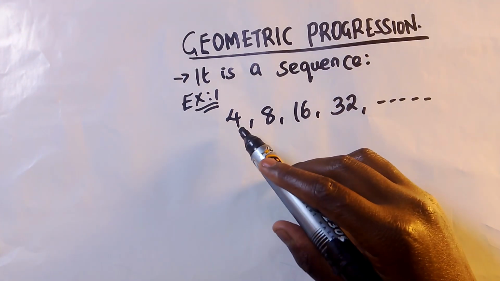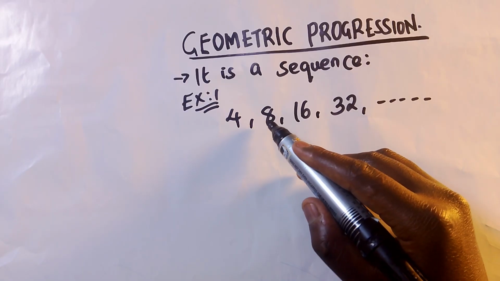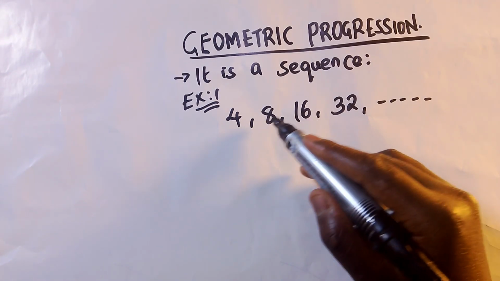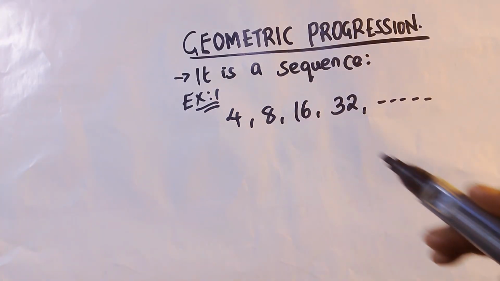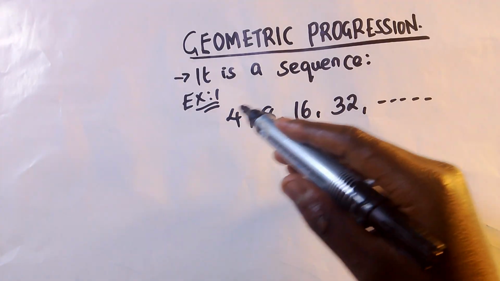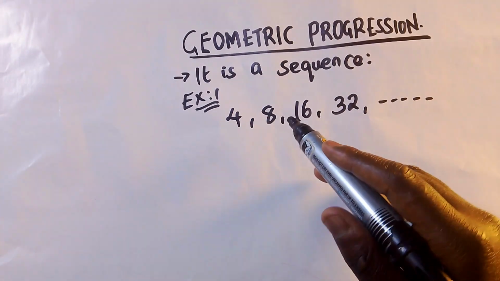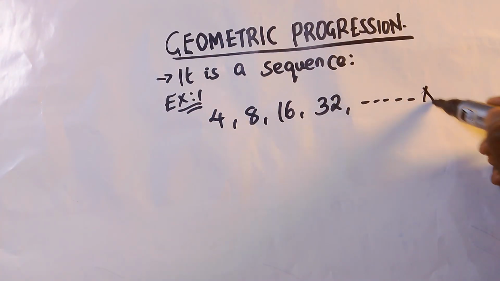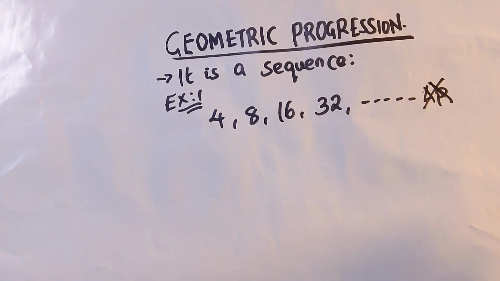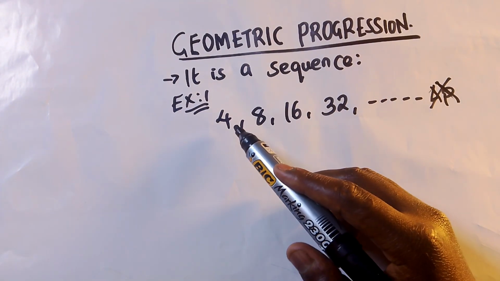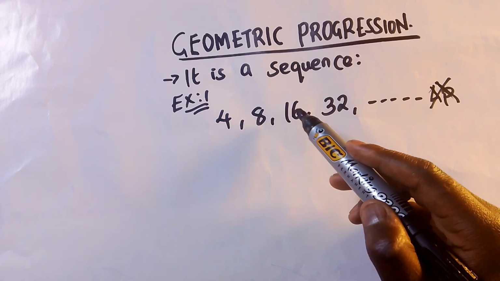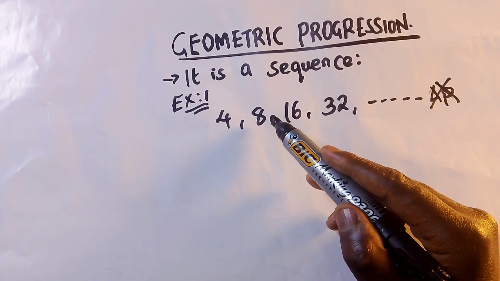If you check clearly, if you take 8 and subtract 4, you get a difference of 4. If you take 16 minus 8, you get a difference of 8. So talking of the difference, this cannot be an arithmetic progression. In this case, each number is a multiple of 2 of the one preceding it.